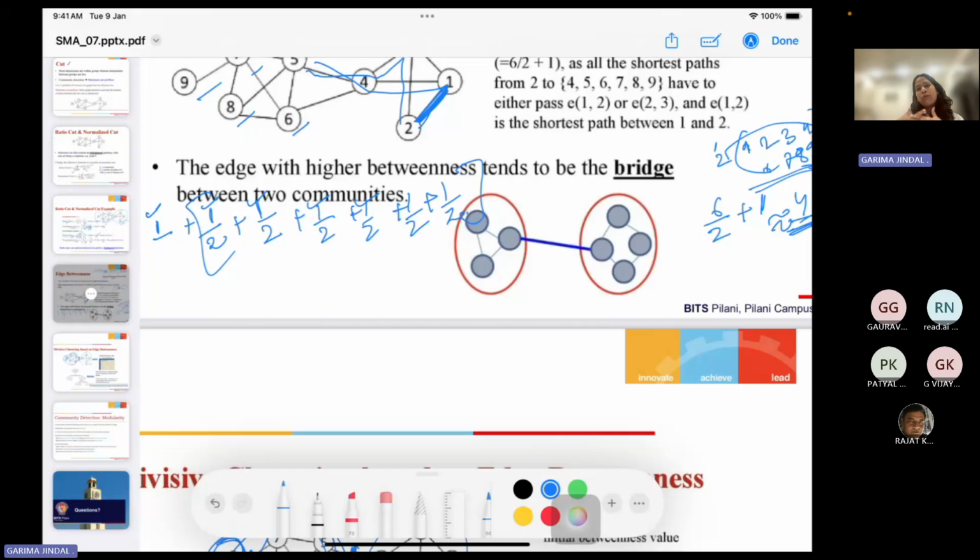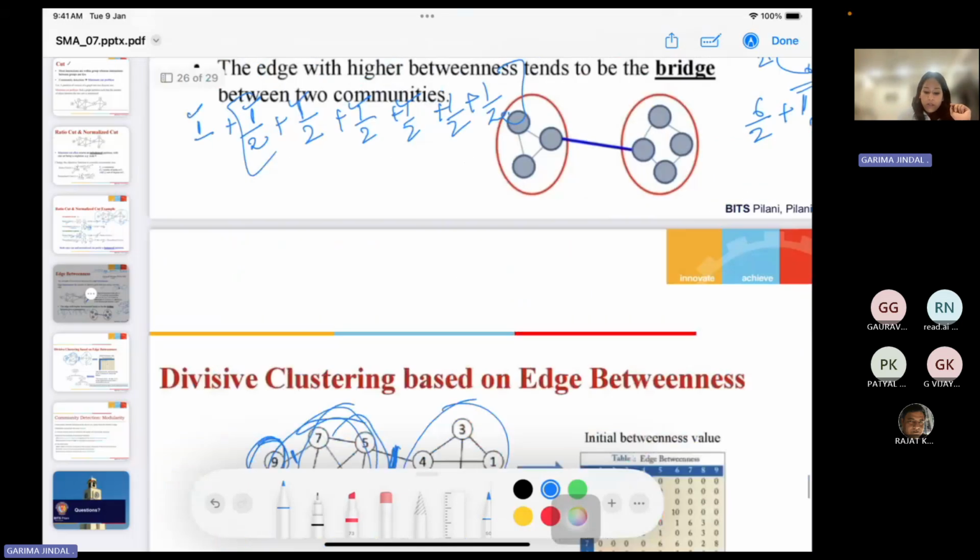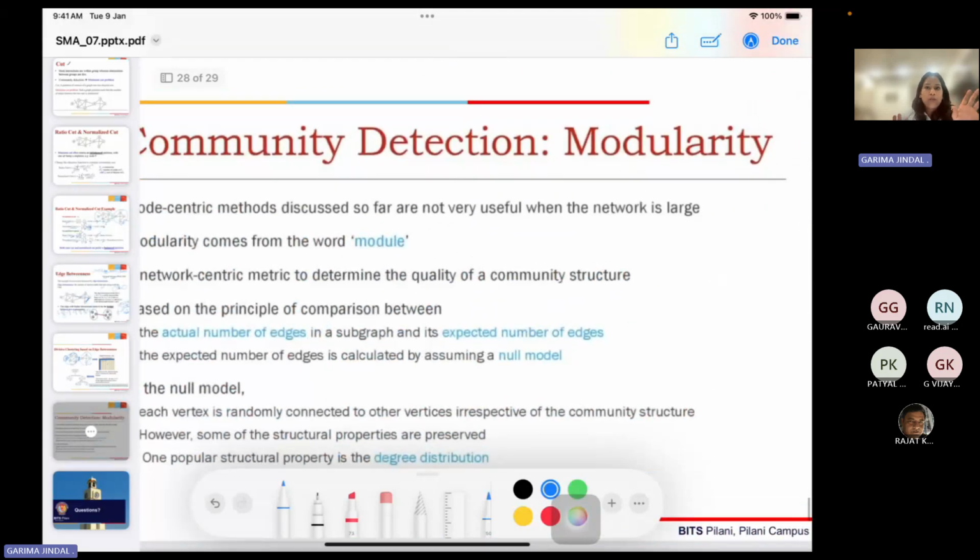So now they had communities, and the next problem they started working on was very natural: to quantify, suppose I have a community, how can I say that this is a good community or a better community than the other community? They tried to mathematically quantify the goodness of a particular community or a community detection algorithm. For that, we have this measure called modularity. We will be covering the algorithm on modularity in the next lecture.